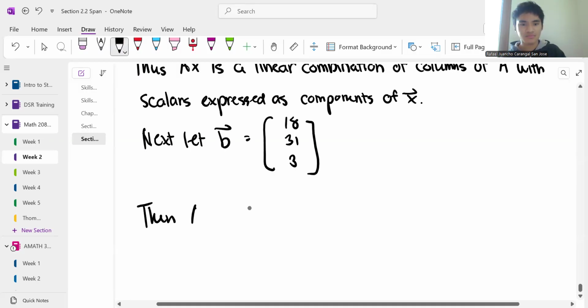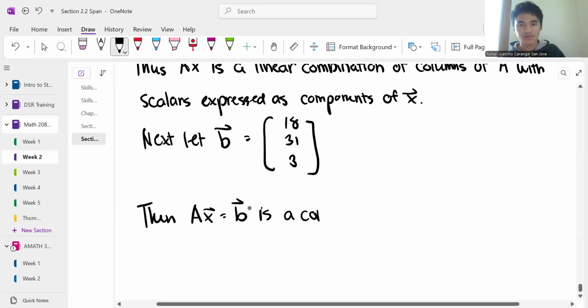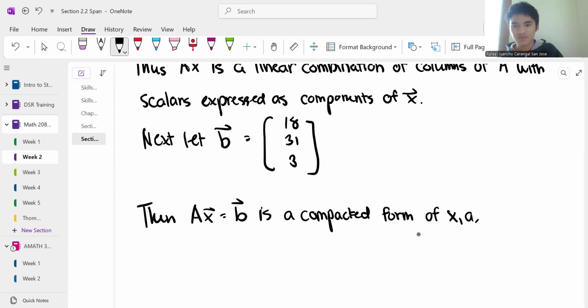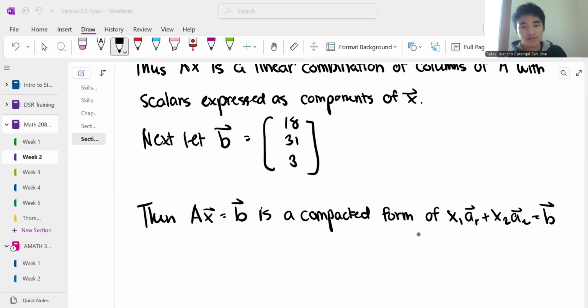Then this AX equals B is a compact form, a compacted way of saying X sub 1 plus X sub 2 is equal to B, right? Which in turn gives us a linear system.